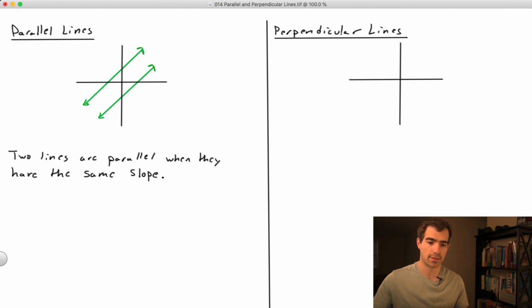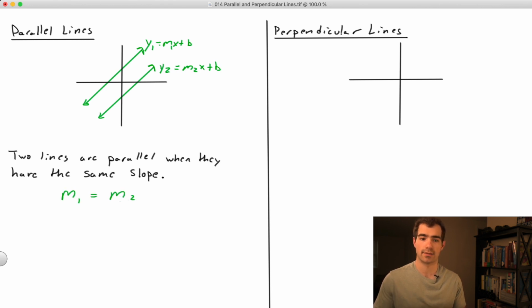And so if this is y1 equal to m1x plus b, just calling it y1 to label it as 1, compared to this other line here, which we'll call y2 equal to m2x plus b, the slope m1 of our first line has to equal the slope m2 of our second line when they're parallel.